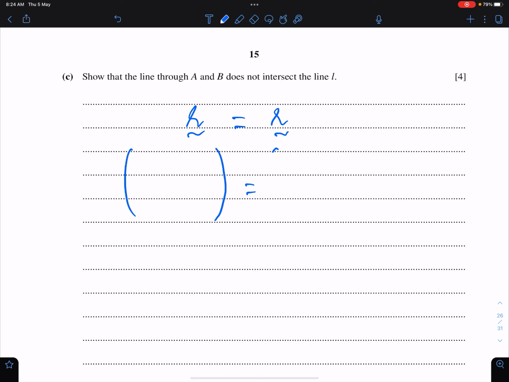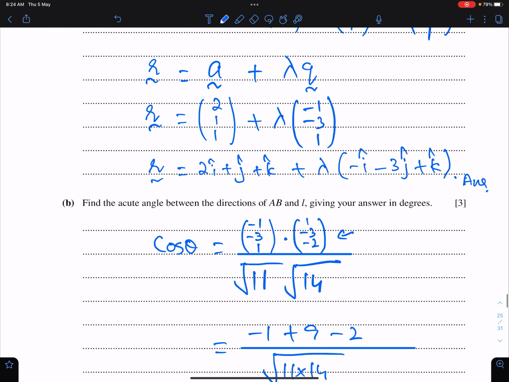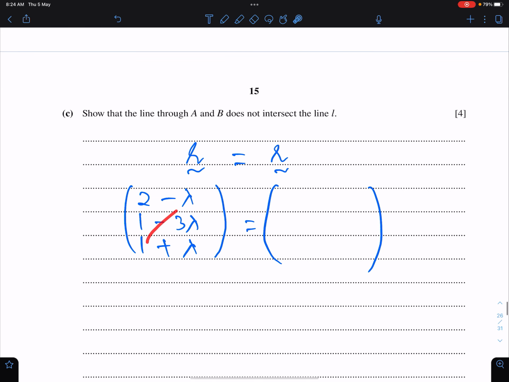The r of the line through A and B is 2 minus lambda, 1 minus 3 lambda, and 1 plus lambda. When you add these two, you will get this thing. And the r of the second line is 1 plus mu, 2 minus 3 mu, and minus 3 minus 2 mu.